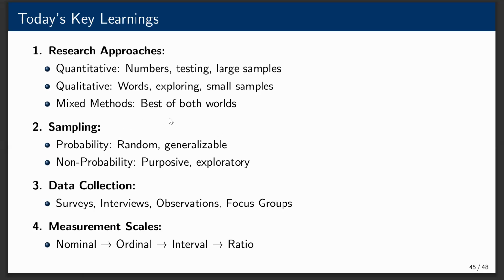Mixed methods is the best of both worlds. In sampling, we discussed probability sampling, which is random and generalizable, and non-probability sampling, which is purposive and exploratory. Data collection methods: survey, interviews, observation and focus group discussion. Measurement scales, from lowest to highest, are nominal, ordinal, interval and ratio.